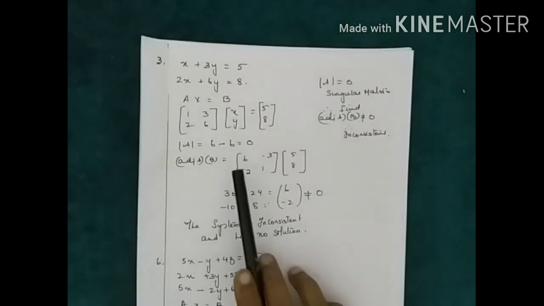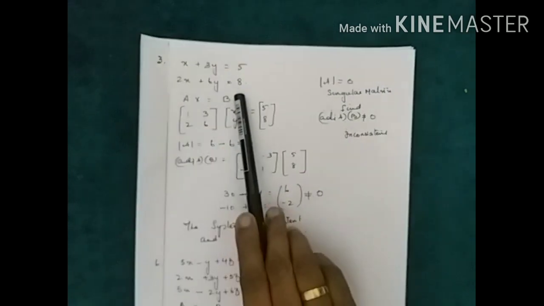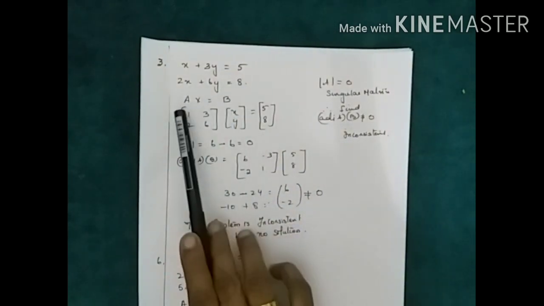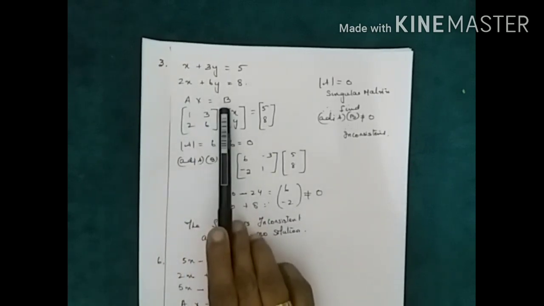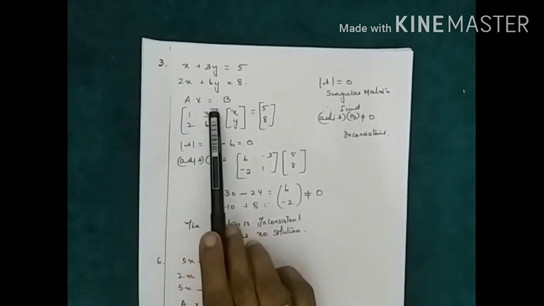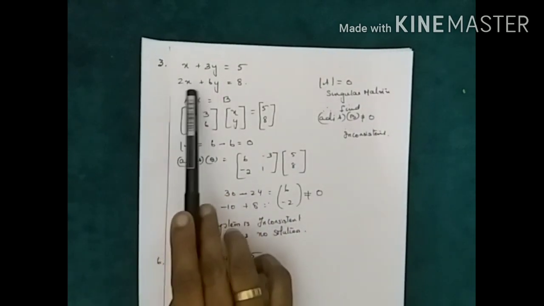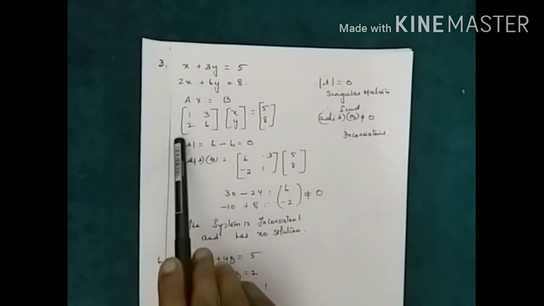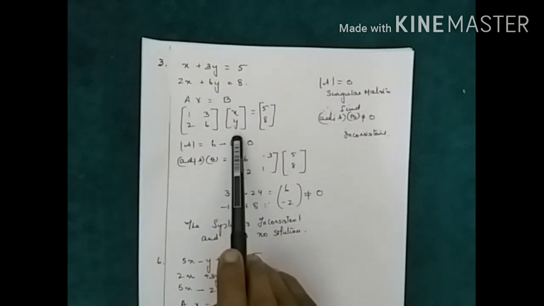Next sum, x plus 3y is equal to 5, 2x plus 6y is equal to 8. So first we have to write in the matrix form, AX is equal to B. What is matrix A? 1, 3, the coefficients. What is the coefficient of this? 2, 6. Matrix X is x, y.